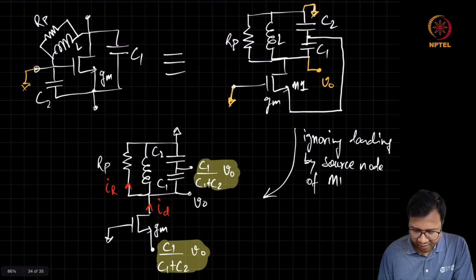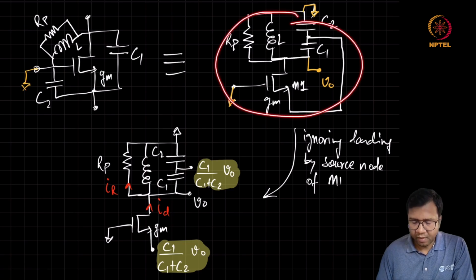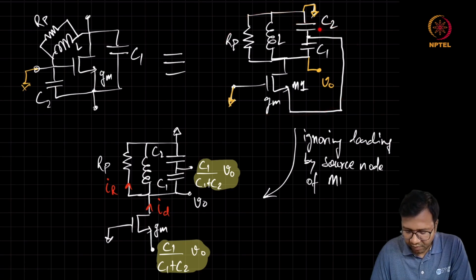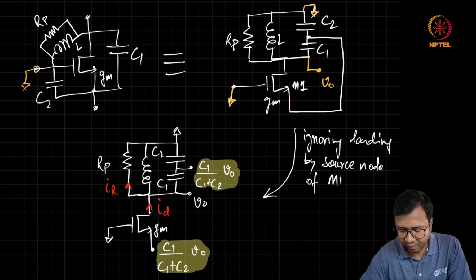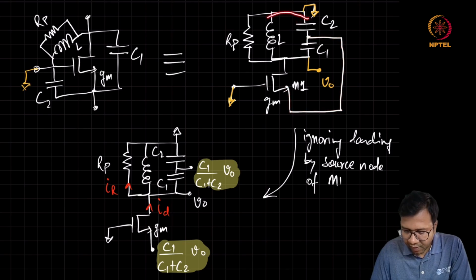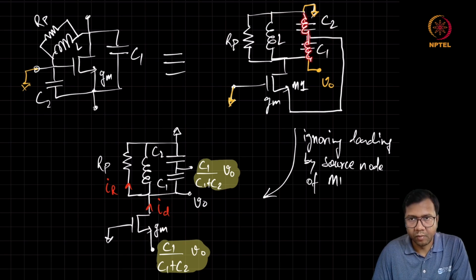Now if we look at this circuit, we can see that here we are using this capacitor to provide the voltage division, and this intermediate node is fed back to the MOSFET source. We can equivalently exchange the roles of inductor and capacitor, where inductor can be used to provide this voltage division.